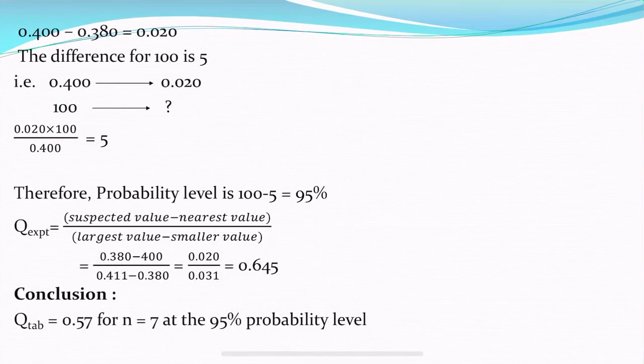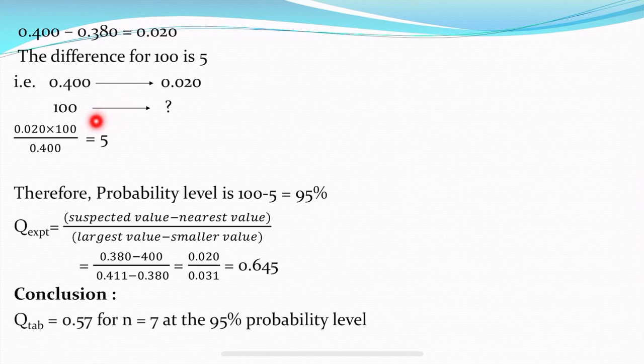So how to calculate this? Let us find the difference between the mean and the suspected value. The mean is 0.400, minus 0.380, and the difference is found to be 0.020.